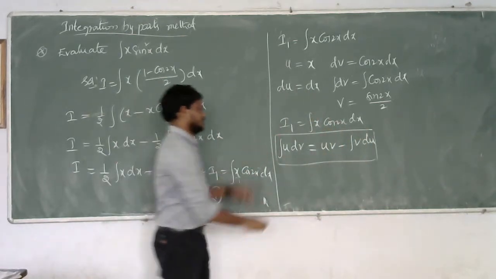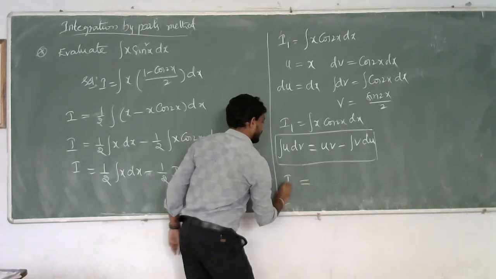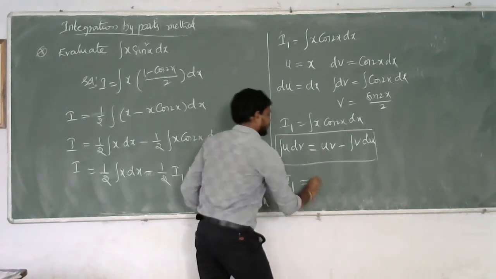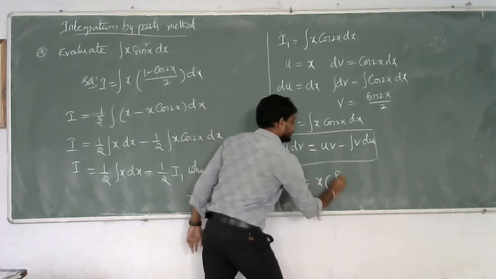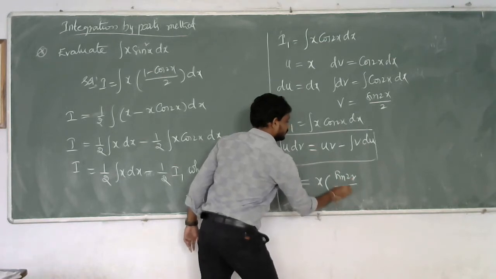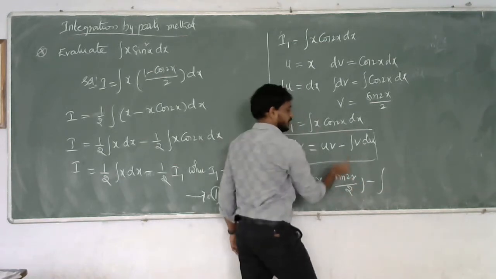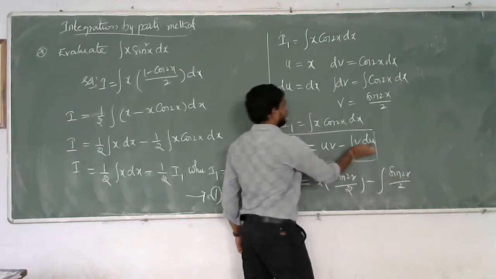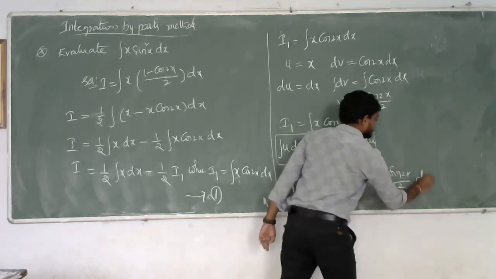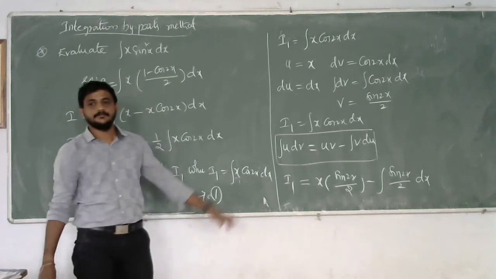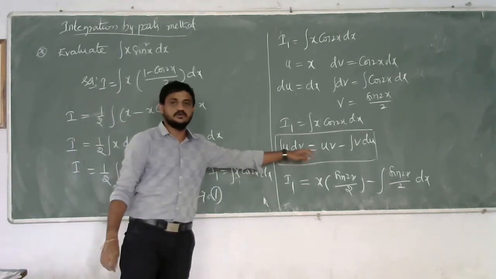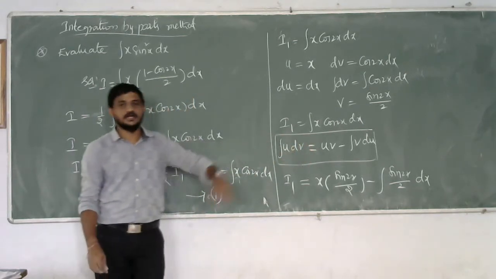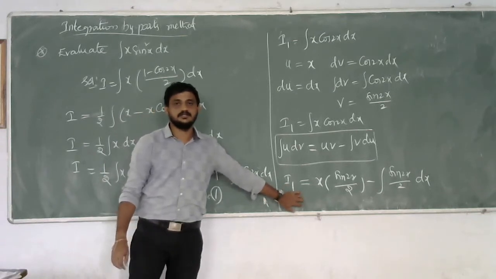So let us substitute here. I1 equals u value x, and v is sin 2x by 2, minus integral v, sin 2x by 2, into du, dx. Okay, we have substituted u, v and du values in the formula.